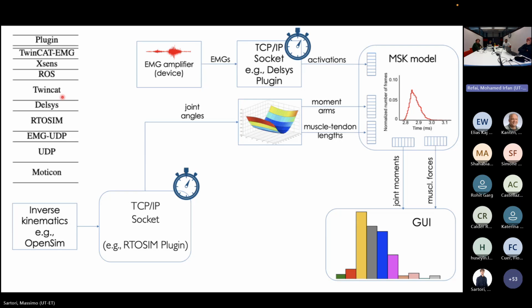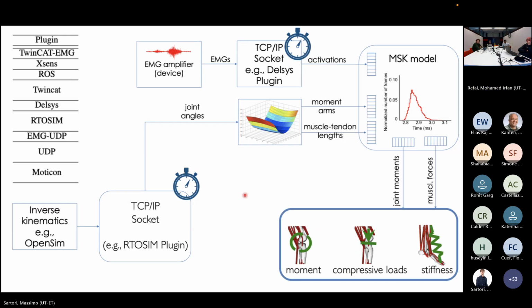We have a plugin for TwinCAT if you want to use a hard real-time communication protocol, and so forth. So these are some plugins that are already available, which we think will serve some of the community needs. And again, CEINMS is currently able to estimate moments, compressive loads, and stiffness in real time. And again, this is the core of CEINMS, essentially.